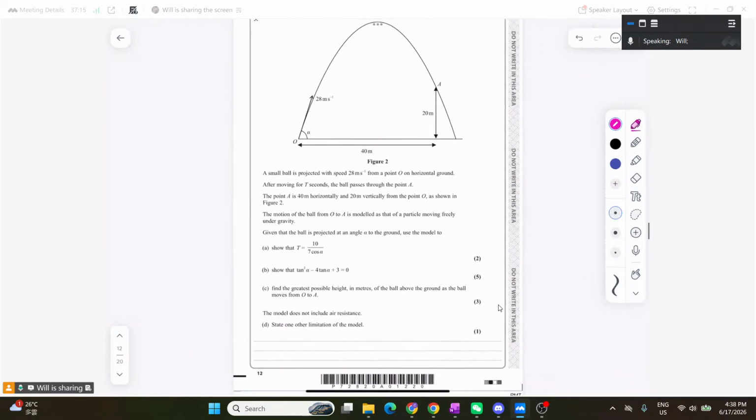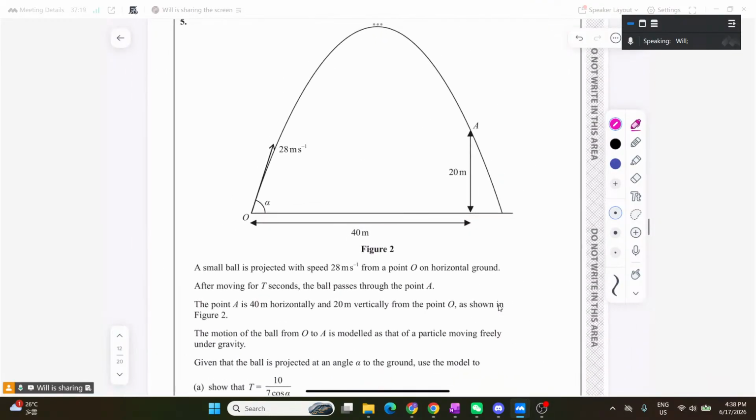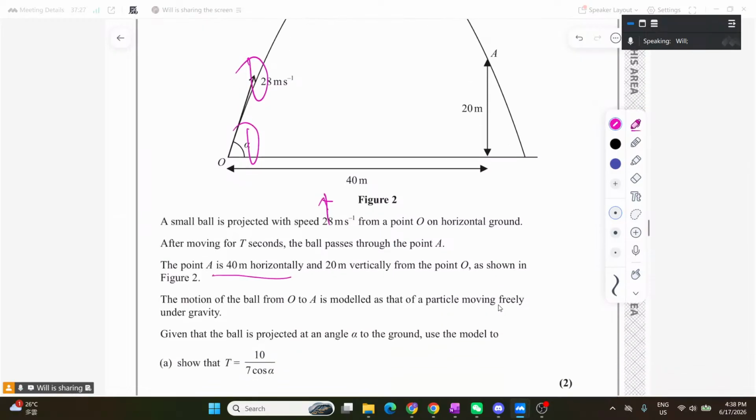And for question 5, this is a projectile question type. A small ball, we already know the initial velocity and the angle of inclination. The point A is 40 meters horizontally and 20 vertically from the point O, as shown in figure 2.